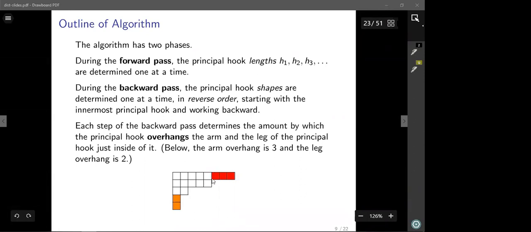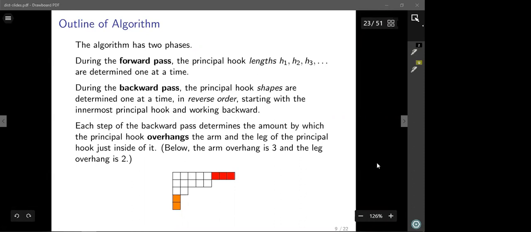By an overhang, I mean the arm overhang is how many boxes in the first row stick out beyond the next hook. And the leg overhang, in orange here, is how much the first column sticks out beyond the first one. It might actually not stick out at all. The overhang could be empty. But in the backward pass, we're going to figure out what these overhang lengths are, and that's how we're going to figure out how to position this thing.